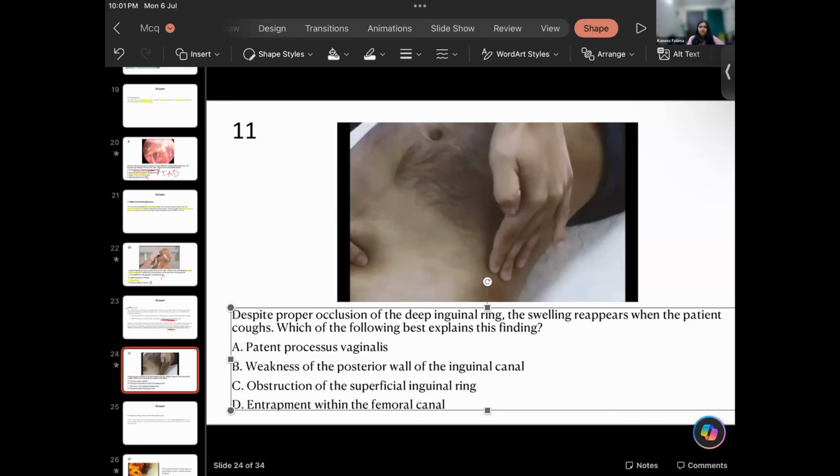And if it is just above the groin, it would have been the occlusion of the superficial inguinal ring. The swelling will reappear when the patient coughs, meaning it is a reducible swelling.